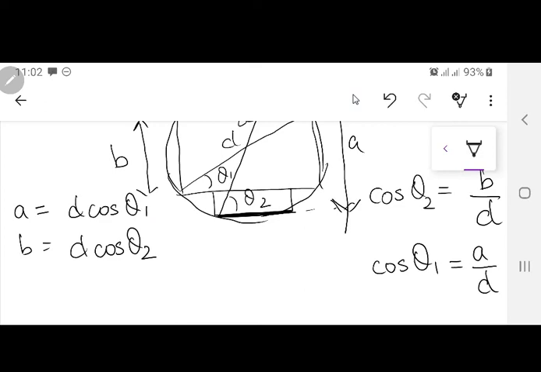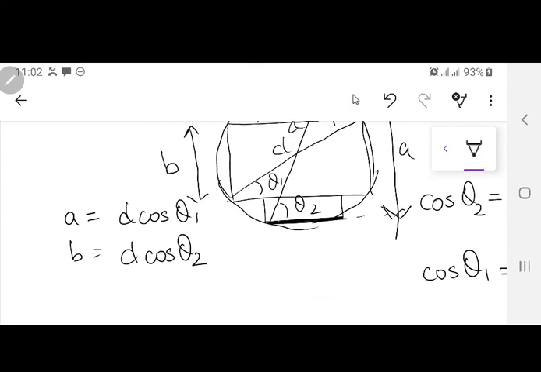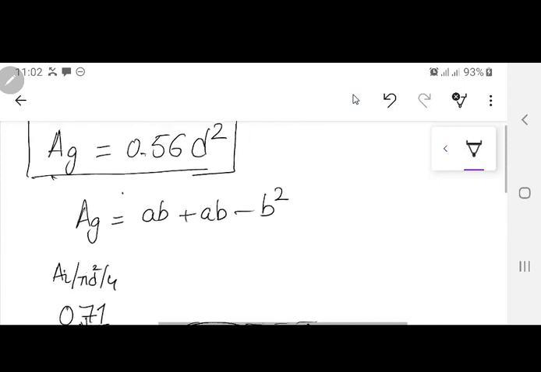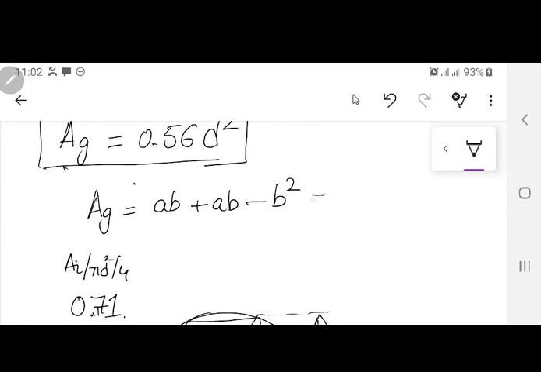Now based on these two equations, can you find out how theta 1 and theta 2 are related in this equation? When you put in this relation, the gross area equation will be in terms of theta 1 and theta 2.